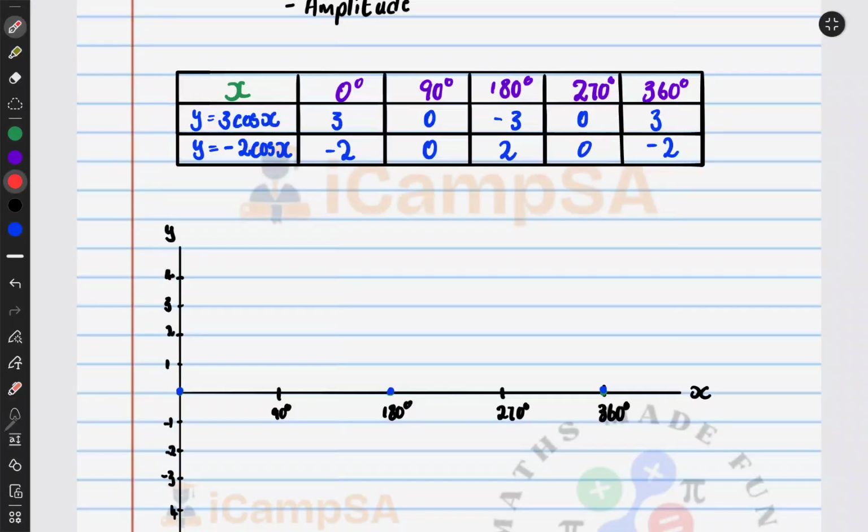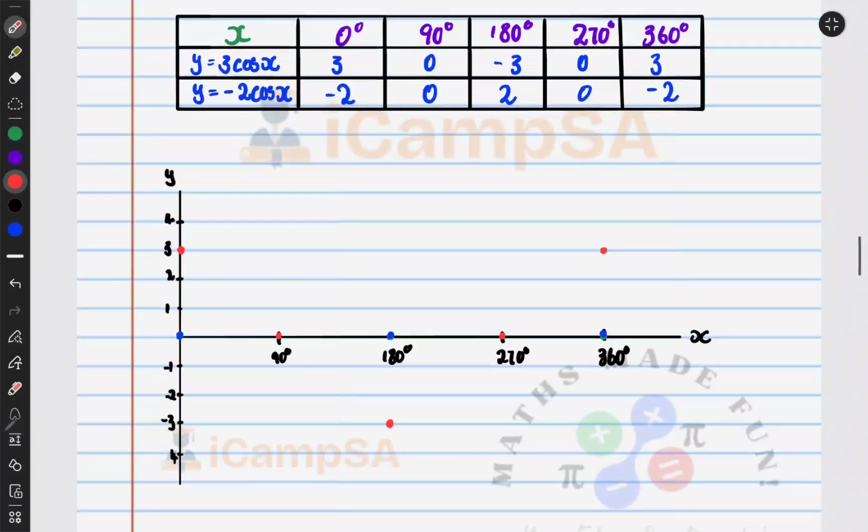Let's start with the one of 3 cos x. Where x is 0, y is 3, where x is 90 degrees, y is 0. Where x is 180 degrees, y is -3, where x is 270, 0, and 360, 3.